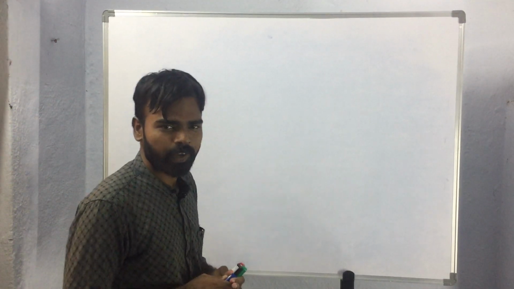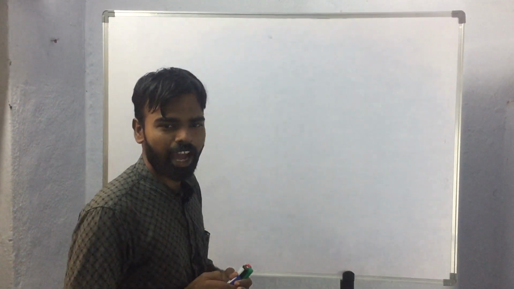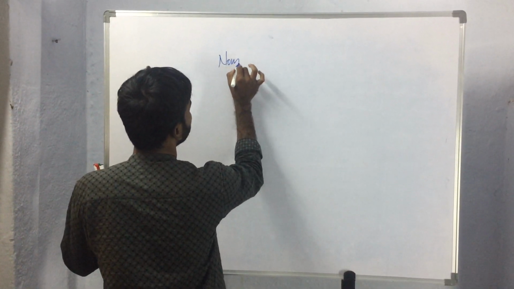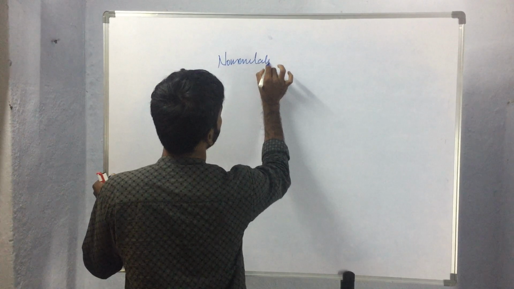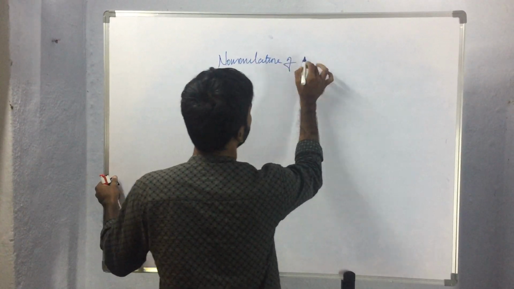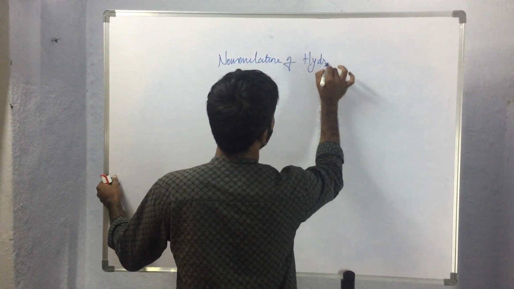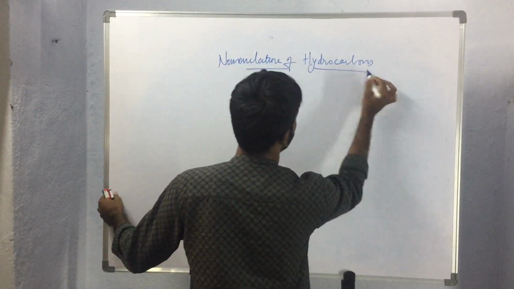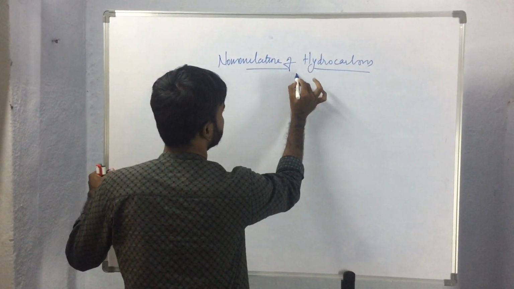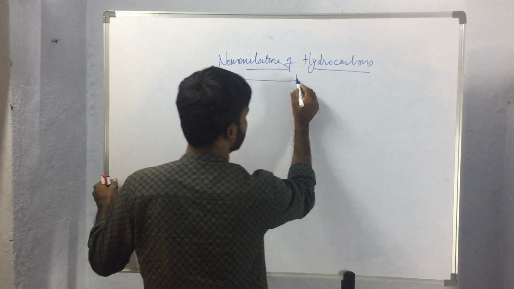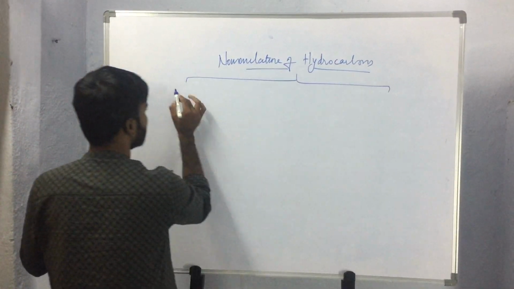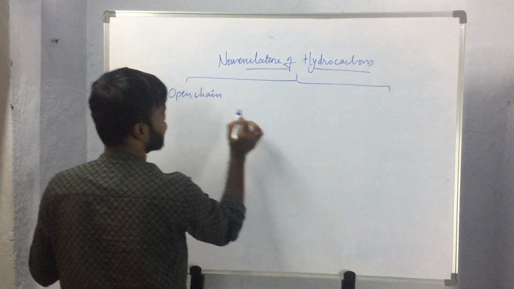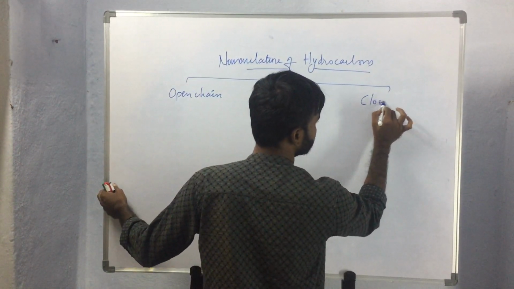Hello everyone. We are discussing nomenclature of hydrocarbons. So we have seen that these hydrocarbons are classified into open chain and closed ring forms.